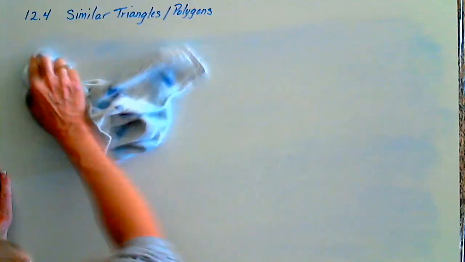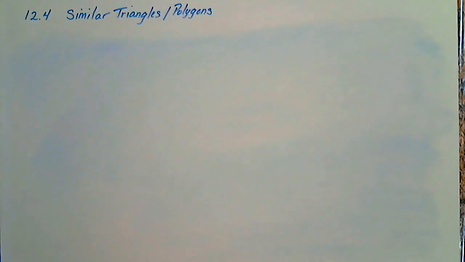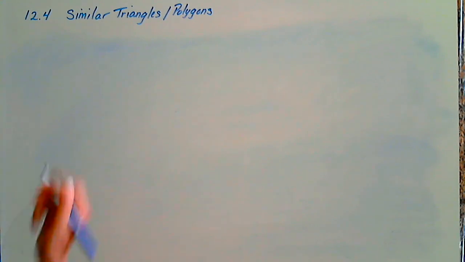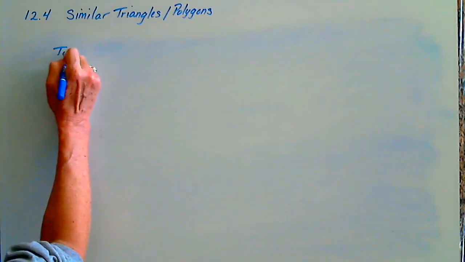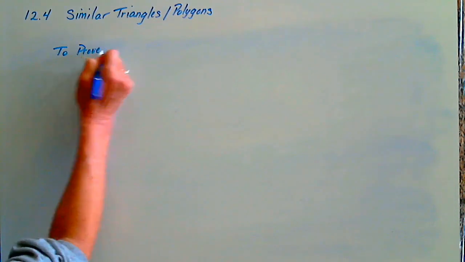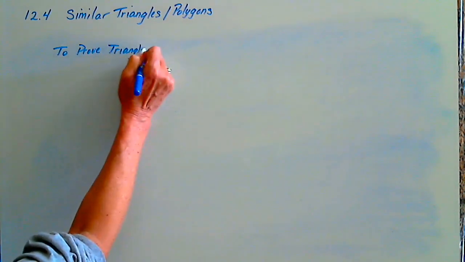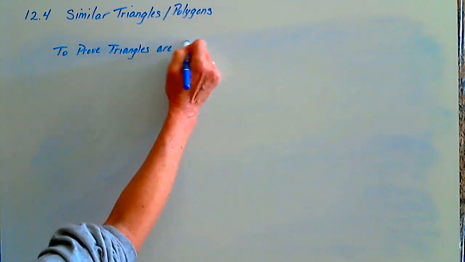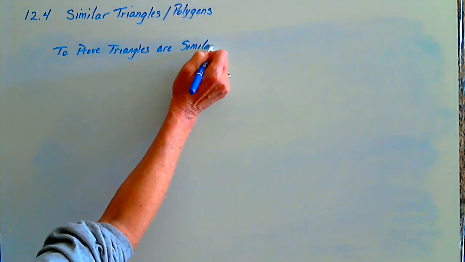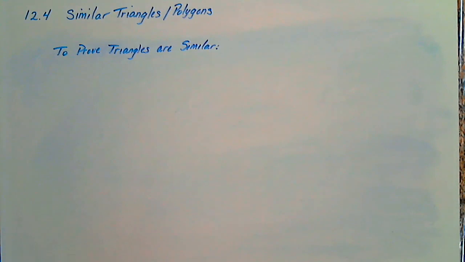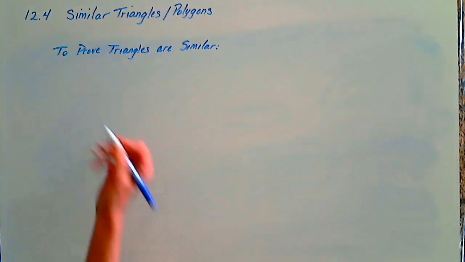So you might recognize some of the acronyms. All right, so let's prove triangles are similar. And we have 3 ways of doing that. To prove triangles are similar, we have 3 different similarity theorems.